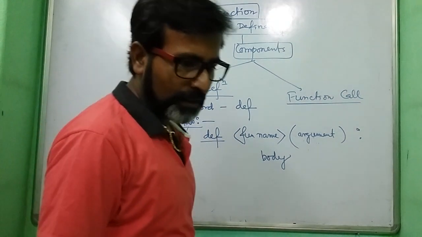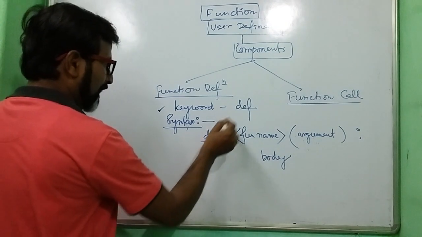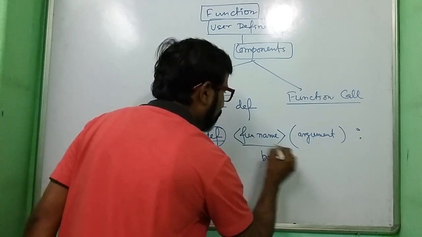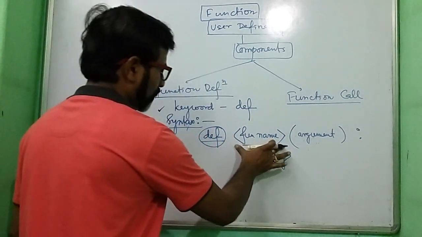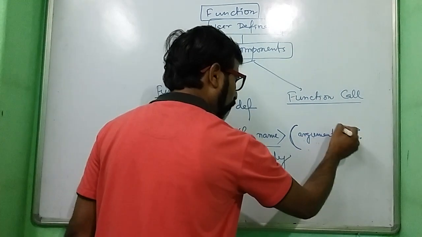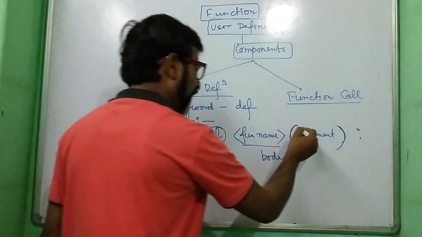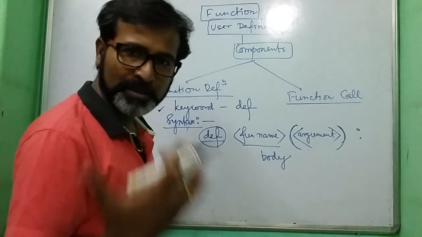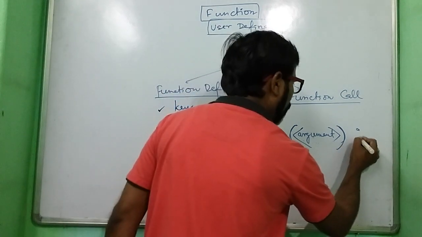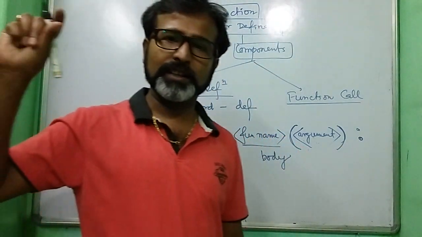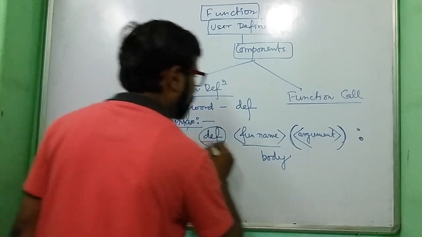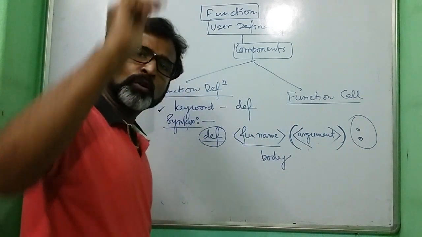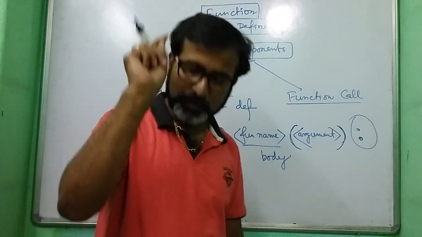As I said, def is a keyword. Then the function name, whatever function name you want, you give. After that, one open and close parenthesis, and inside that you will give argument, also called parameter. And all of us know that whenever we start a body, the header of a body is basically called function header. And whenever one header comes, we give a colon, like after for, if, elif, else.